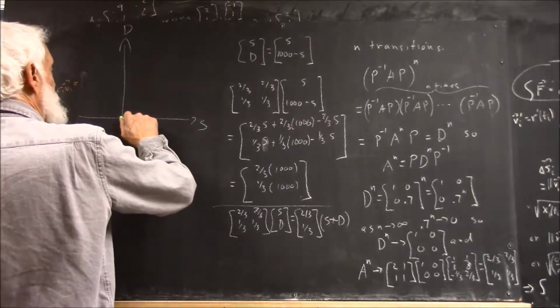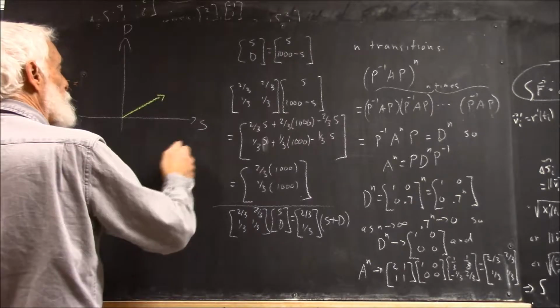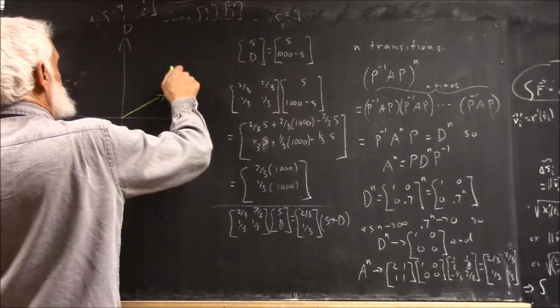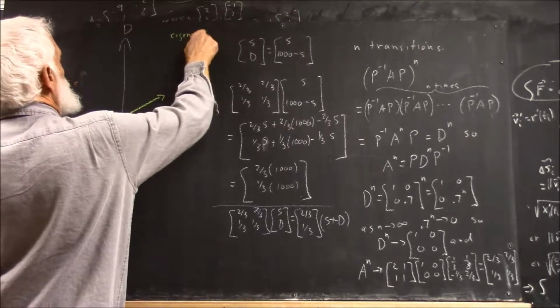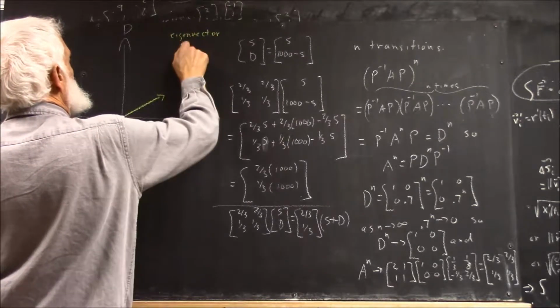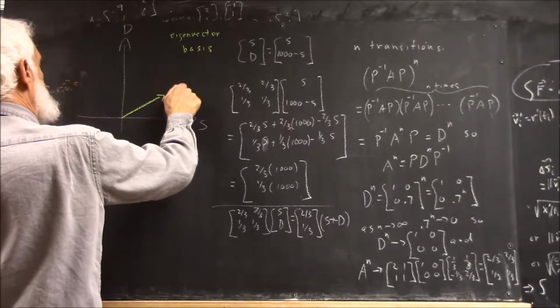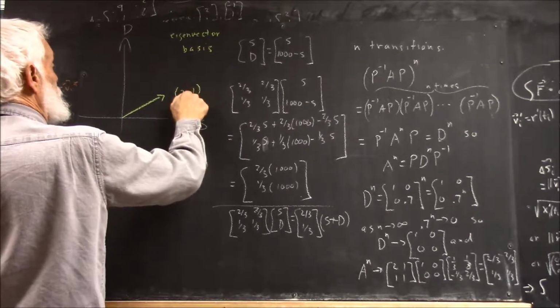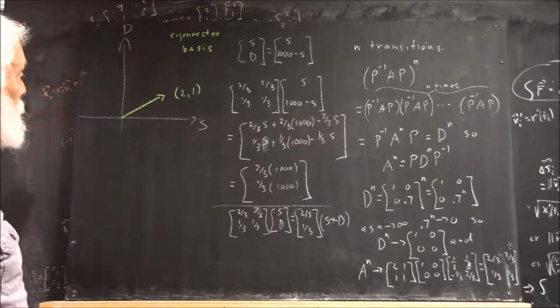So to see why that happens, you do the eigenvector basis. And I'll do that in green. So I'm just going to use 2, 1 for one of my eigenvectors.